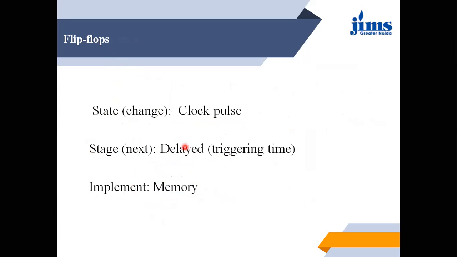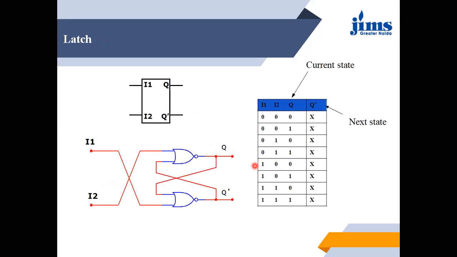The delay means the next state will be delayed by a time, that is the triggering time. Triggering time means how much time it takes to trigger from one state to another state.